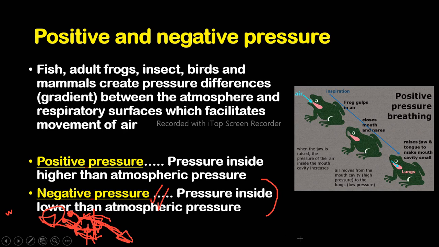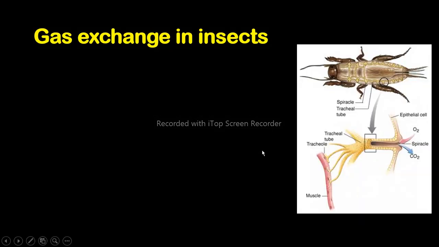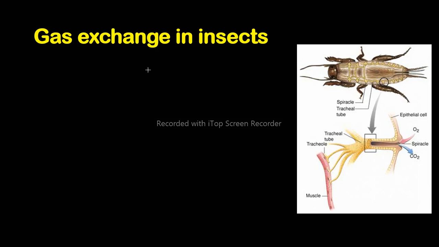Is that really okay? Any questions for me? Please feel free to ask. So, after knowing those concepts, now we are free to talk about gas exchange in insects, amphibians, fish, and then we compare the mechanisms, the countercurrent and the parallel flow, and then we talk about gas exchange in birds and mammals.